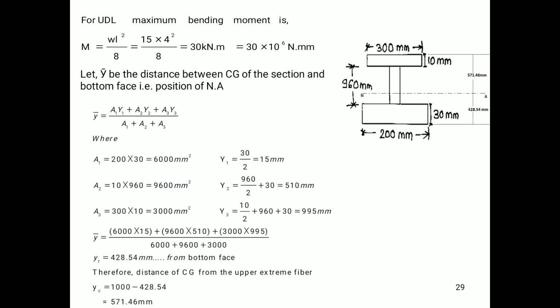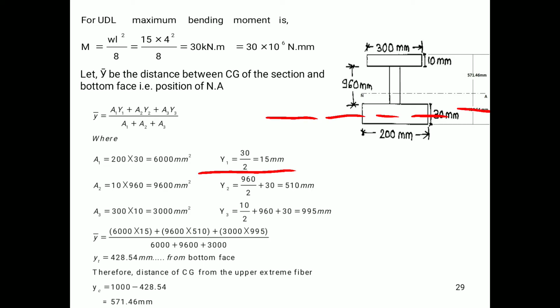For the same section, we have to find out the value of y1. It is the centroidal distance for the section on which we have concentrated. This y1 is nothing but the axis which is passing through its CG.